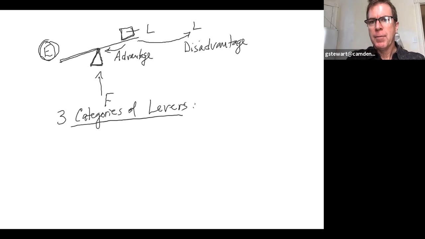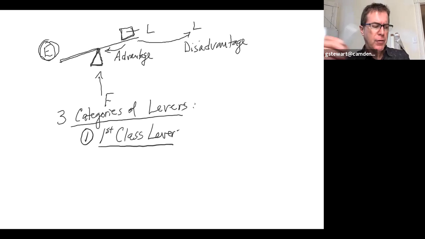So I'm just going to label these number one, a first class lever. First, I'll define it for you, then I'll give you an example. A first class lever is when the fulcrum is between the effort and the load, just like I drew above.